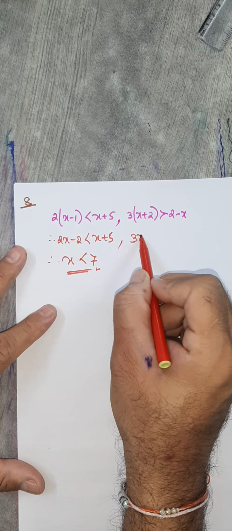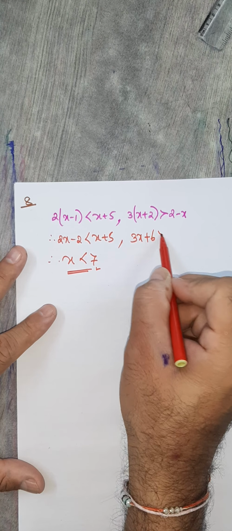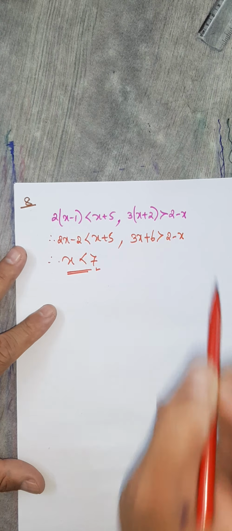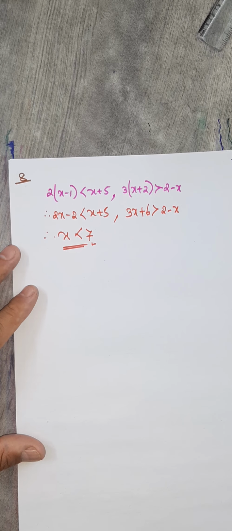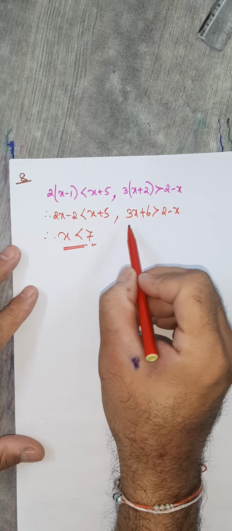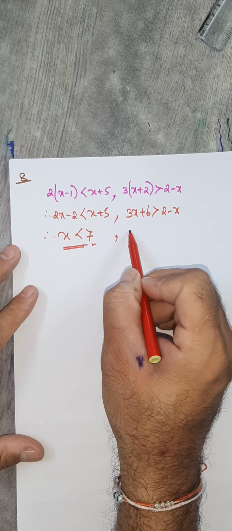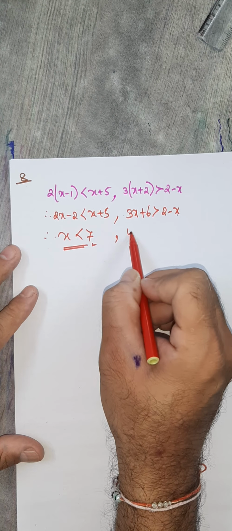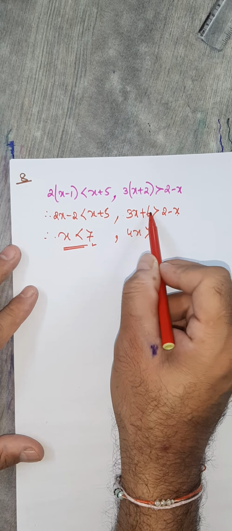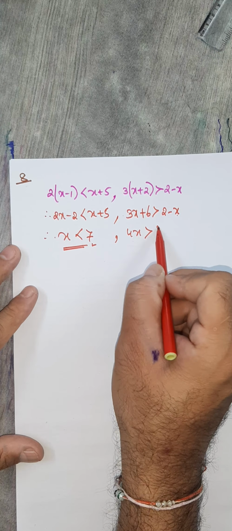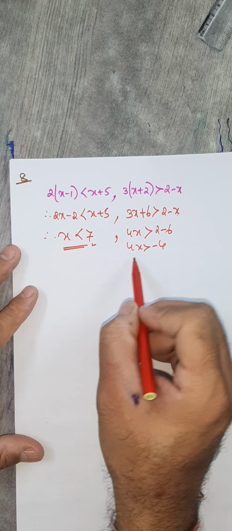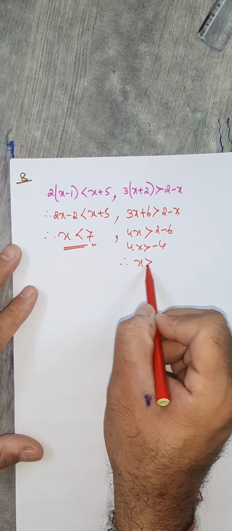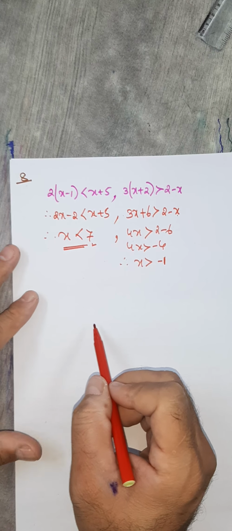Here x less than 7. Come to this. 3x plus 6 is greater than 2 minus x. Now take x on this side, so this would be 4x is greater than 2 minus 6. So 4x is greater than minus 4. Dividing by 4, therefore x is greater than minus 1.